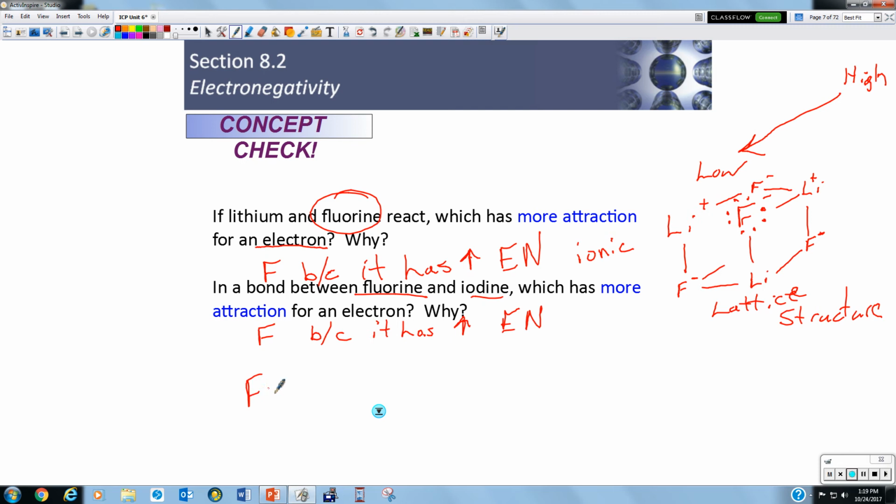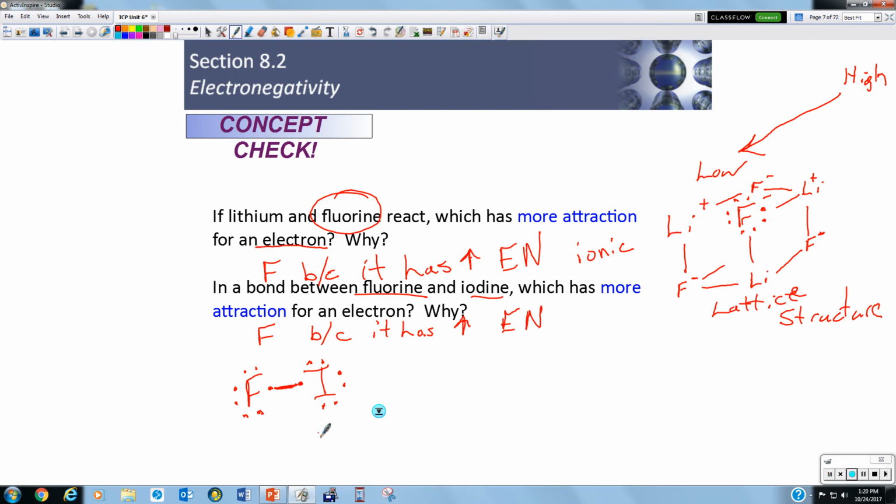So when we look at it, we have fluorine with its 7 electrons, and then we have iodine with its 7 electrons, and it's going to share between these two.